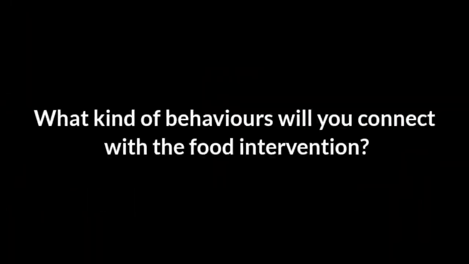The child gets disproportionate energy in accordance with the child's developmental age. So that is the reason why mitochondrial dysfunction is very important, and this too gets corrected properly with a good diet intervention. What kind of behaviors will you connect with the food intervention?